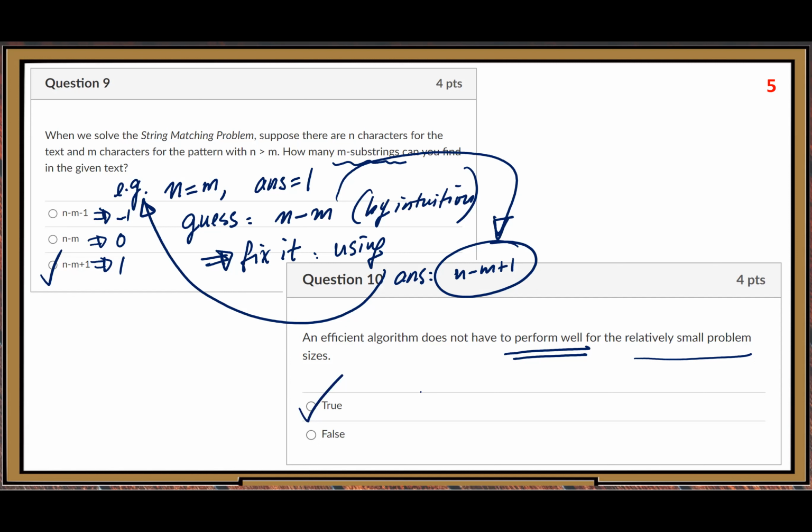The reason is that for relatively small problem size, the overhead part distorts the growth function.